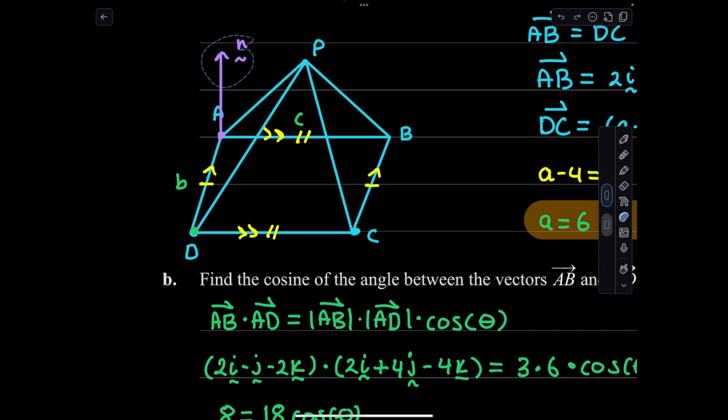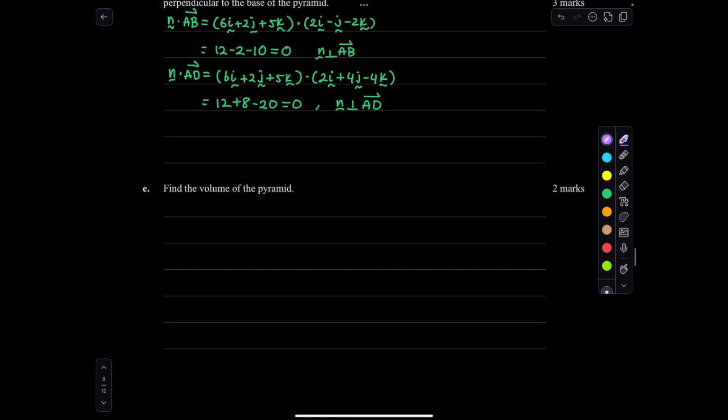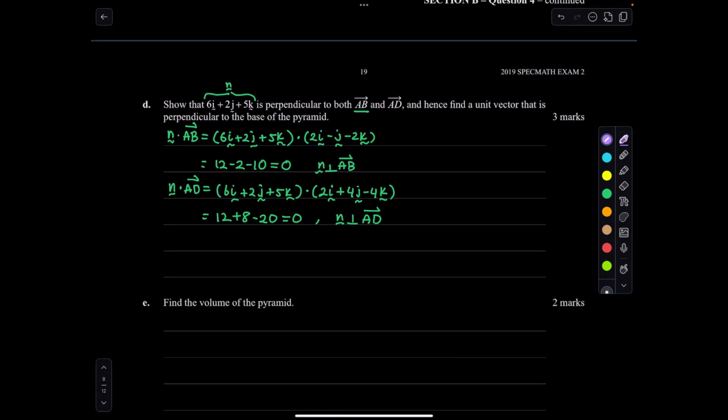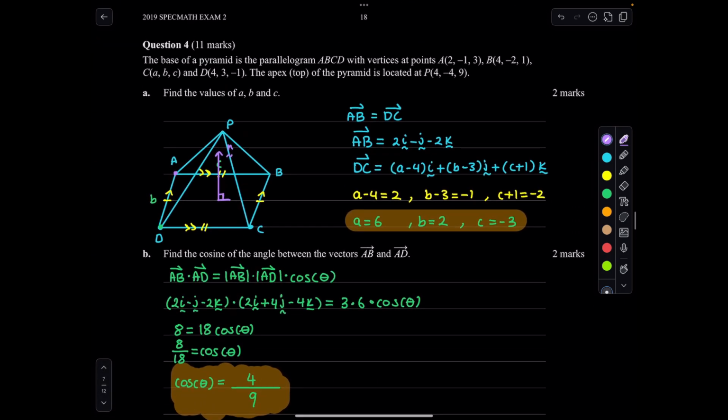Isn't it then perpendicular to the base, can you see how this is your base, the base of the pyramid? So it is actually perpendicular to the base of the pyramid, as you can see. This is really, really good.